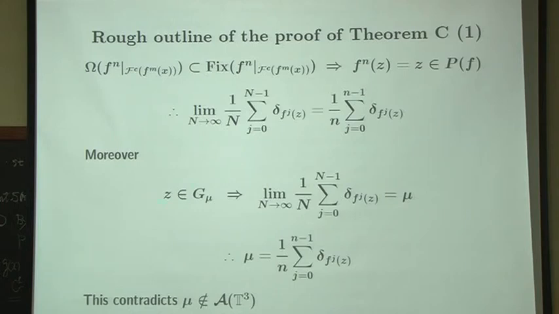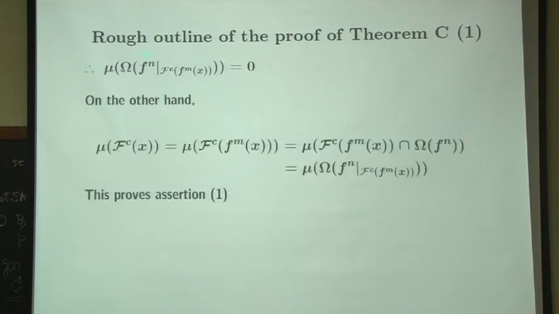Moreover, by the choice of z, this limit must be mu. The mu must be this type of periodic measure. This is a contradiction. Mu must be non-atomic. So we have such an equality. It is easy to see that in this one, this measure is equal to 1.